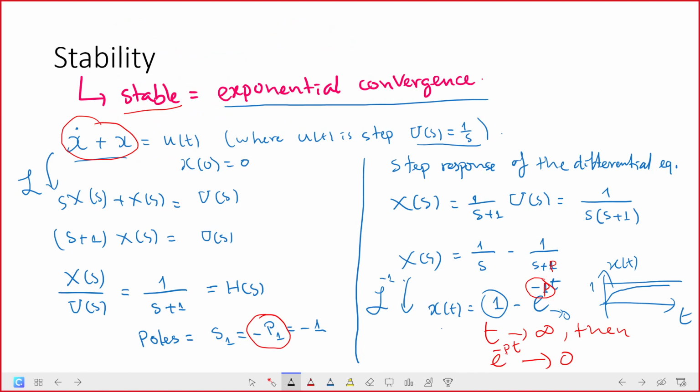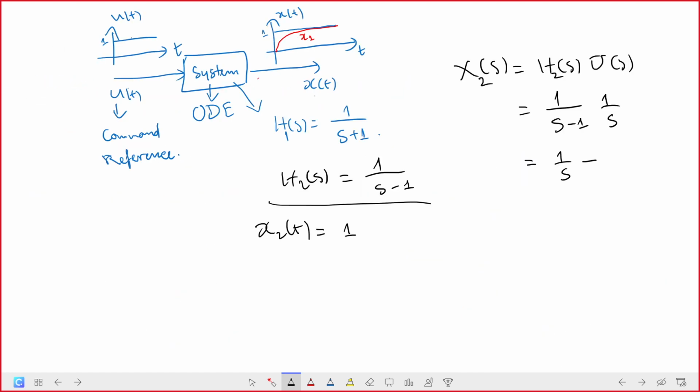I made a mistake before. Yeah, that's correct. Here should be minus 1 over s minus 1. Wait, maybe like this. Is it correct? s here, and then minus s minus 1.